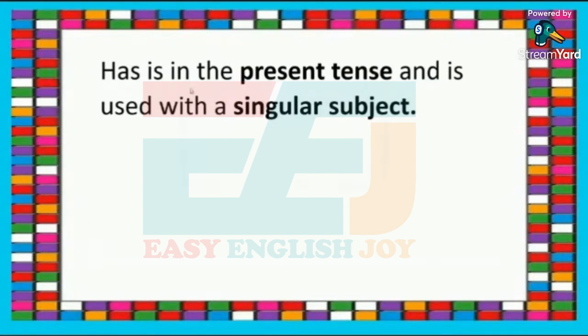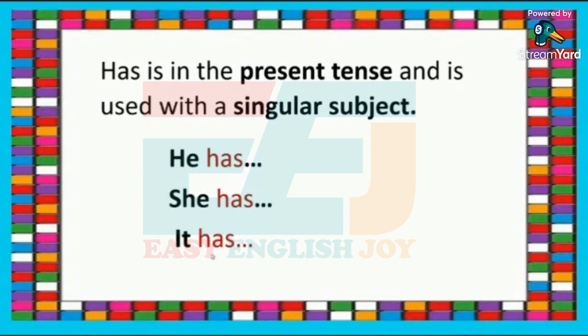Has is in the present tense and is used with a singular subject. He has, she has, and it has. So we use he, she, and it for has because he, she, and it are singular subjects.